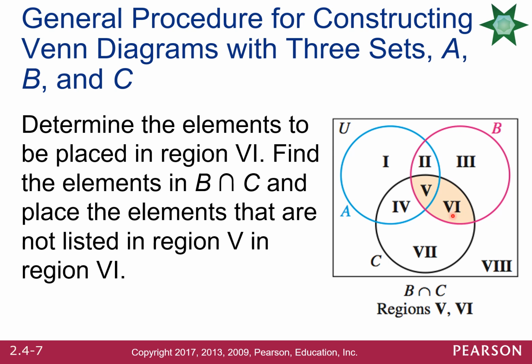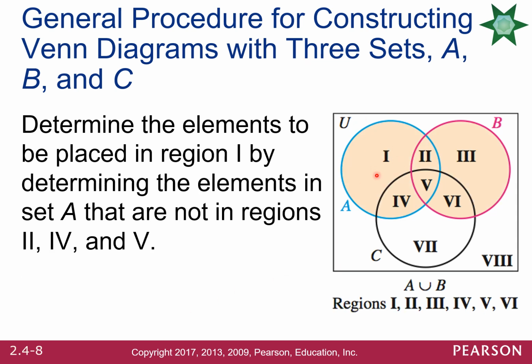So that tells us that it's going to include all elements that are common to set B and set C. So it's going to be B intersection C. If we were given three sets, the elements of three sets, and we were asked to find what elements we should put in region 6, then we would look for the common elements between B and C and place them in region 6.